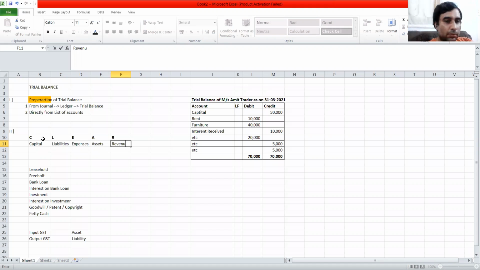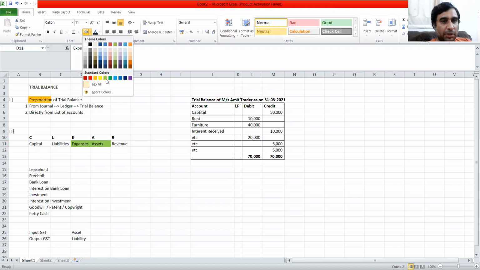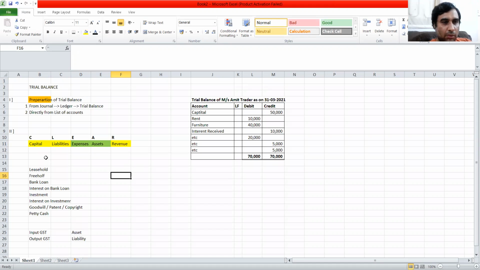Okay, so expenses and assets, now these are to be clubbed together in one category, and capital, liabilities, and revenue are to be clubbed in the second category. Okay, so now what?